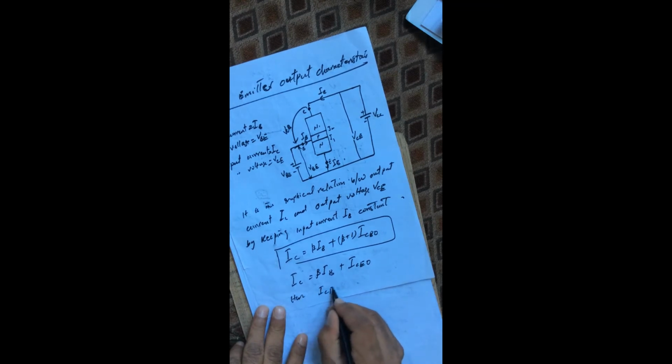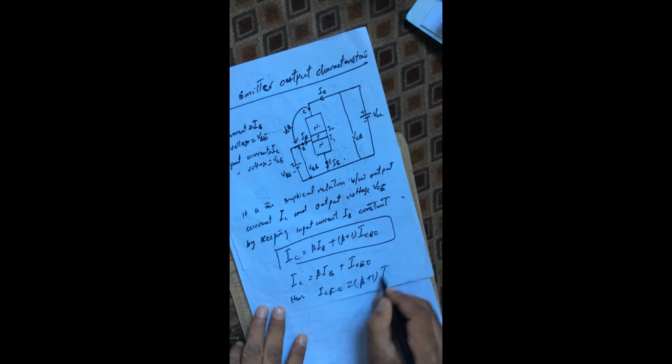Here we use the supposition that ICEO is equal to beta plus 1 ICBO.